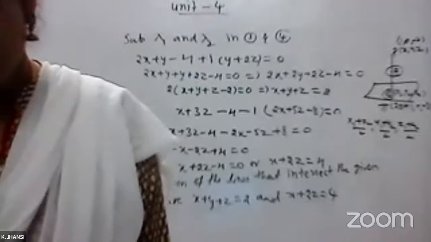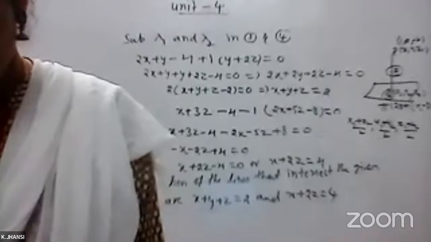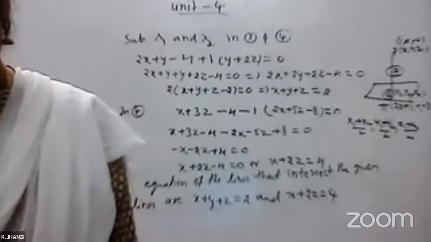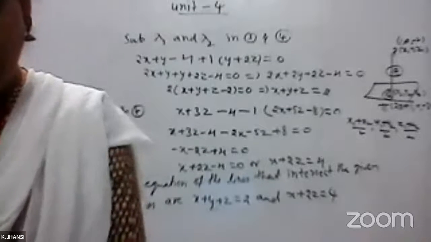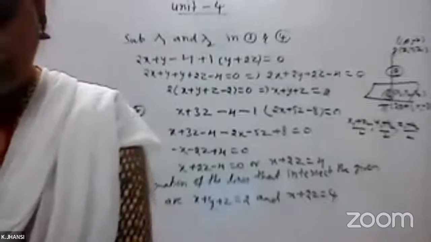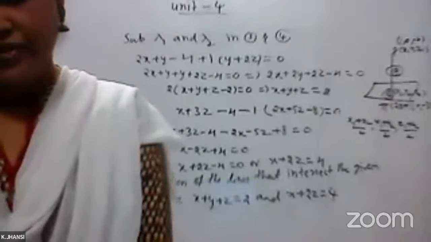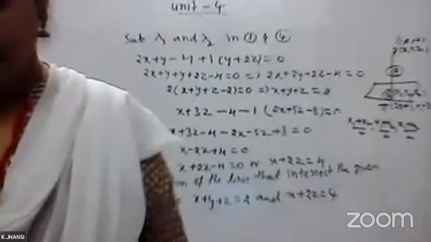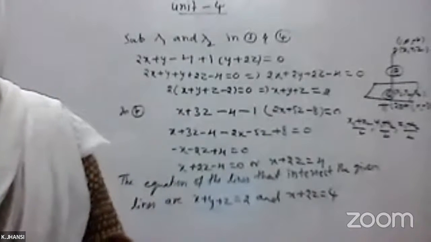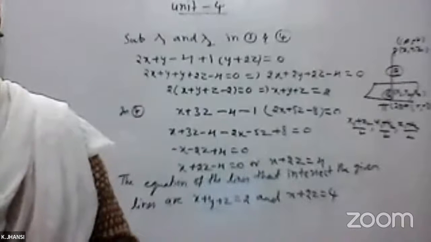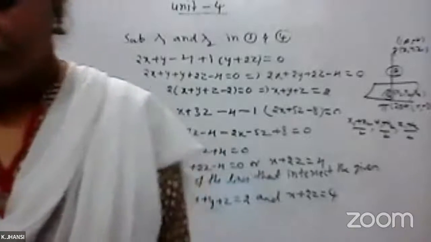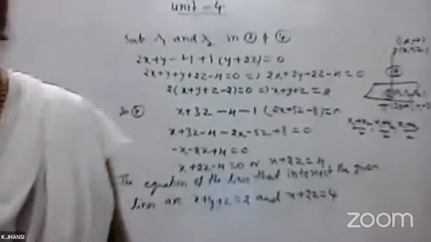So try to practice all the example and exercise problems. Image of the point we have seen on page number 102. In the exercise it is given the image of the line, but in the example problem they ask to find the image of the point 1 comma 3 comma 4 in the plane. With the help of this we can do the problem.